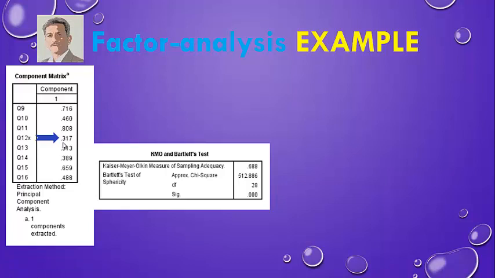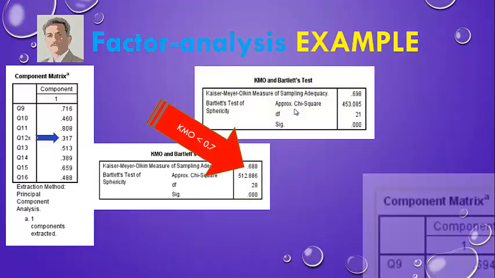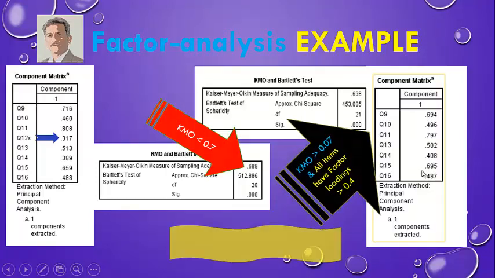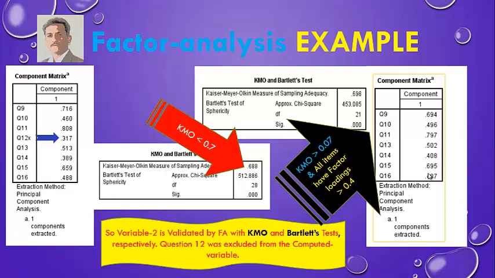So we excluded this question 12 from the analysis and ran the factor analysis once again. Then we got 0.698 as the KMO score, which was close to 0.7, acceptable, and all the questions had factor loading greater than 0.4. So variable 2 is validated by factor analysis with KMO and Bartlett tests respectively. Question 12 was excluded from the computed variable.